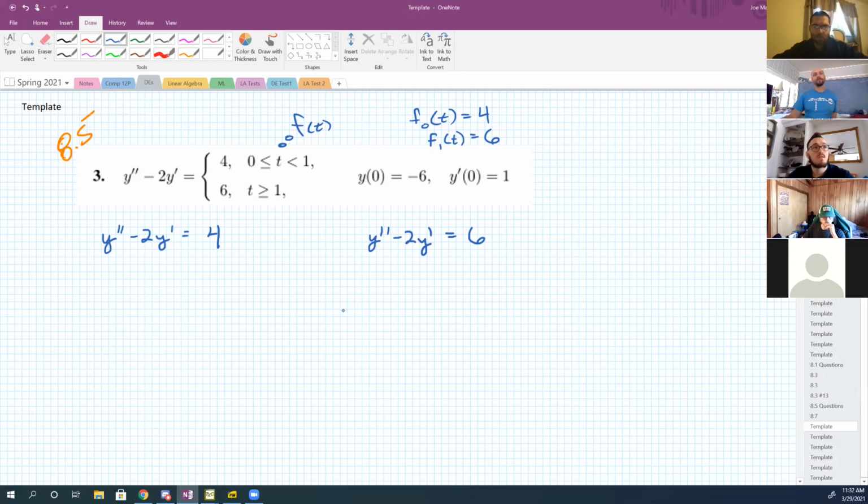So they evaluated the derivative of the final solution for the left one and the final solution for the left one at 1, and then used those as the IVP parameters for the right-hand side equation instead of the original parameters. And then they substituted both of the solutions back into a piecewise function at the end, and that's the solution.